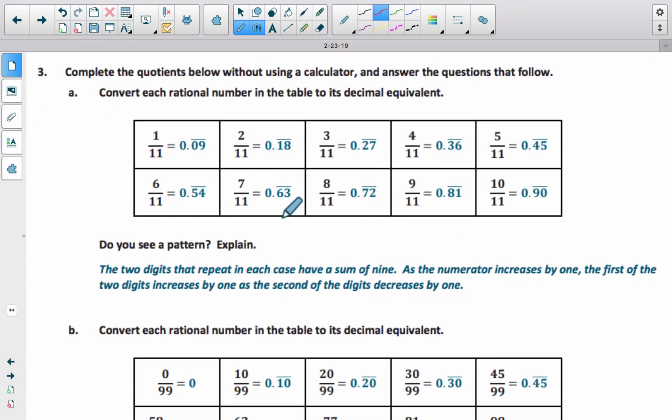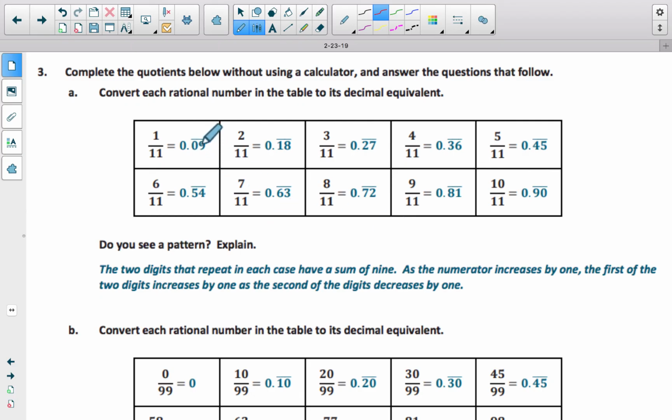Now, 3a, just take a look at this table. Make sure you have this done correctly. Make sure your bars are over the correct digits. Now, a pattern here, the two digits that repeat in each case have a sum of 9. That was kind of a hard one to locate, but hopefully you did. As the numerator increases by 1, the first of the two digits will increase by 1 and the second one decreases.